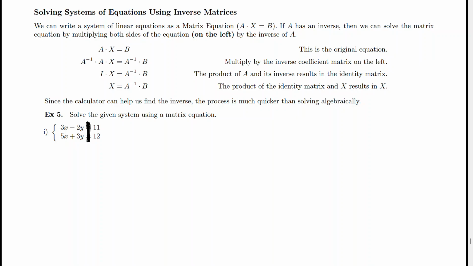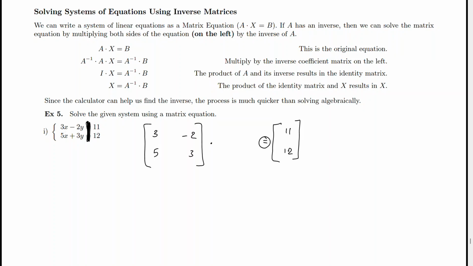So on one hand, I'm going to copy the coefficients 3, -2, 5, and 3 into their own matrix. And then I'm going to write the matrix that contains the numbers 11, 12 on its own after the equal sign. And finally, I'm going to put a tiny little matrix x comma y.